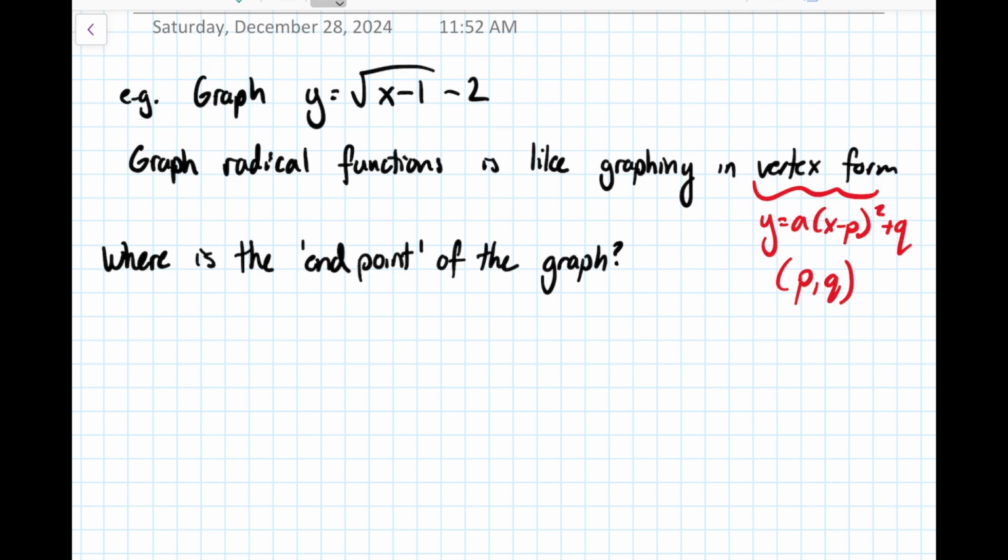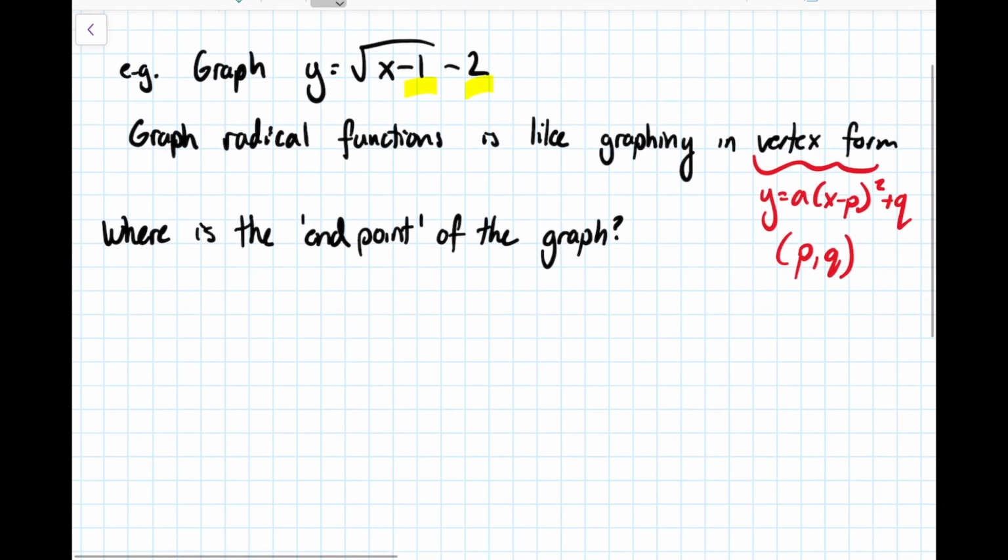If we go back and check out some of the previous ones from the last video, you might see that the endpoint tended to move around a little bit, and you might notice a connection between the endpoint and the numbers inside your root and beside your root, which are basically like p and q. They're not quite the same, but they're basically the same.